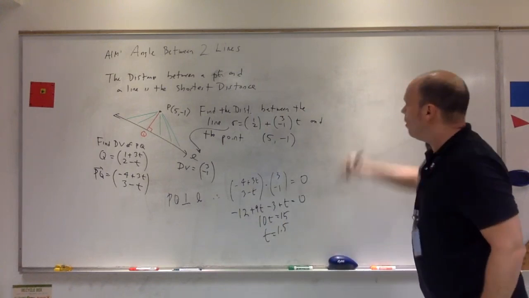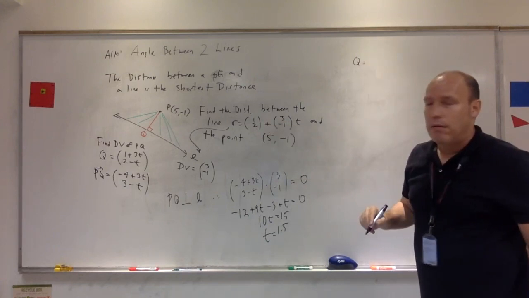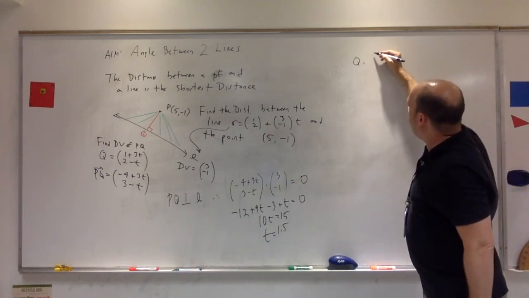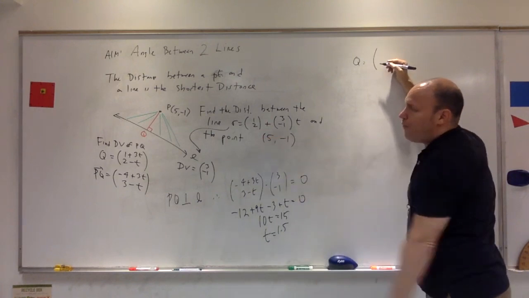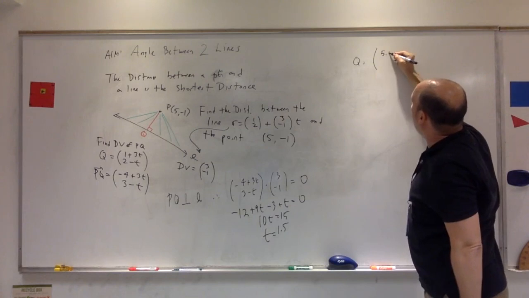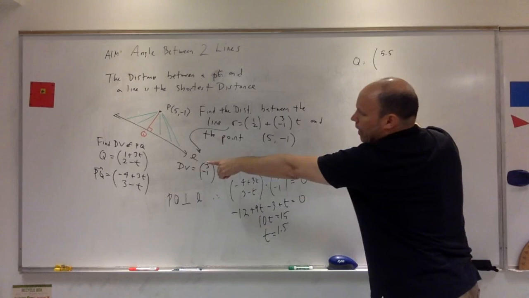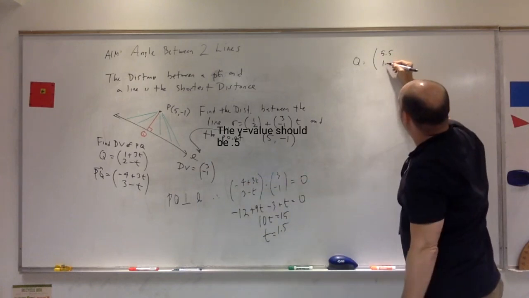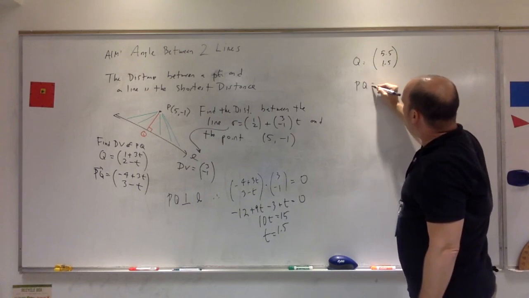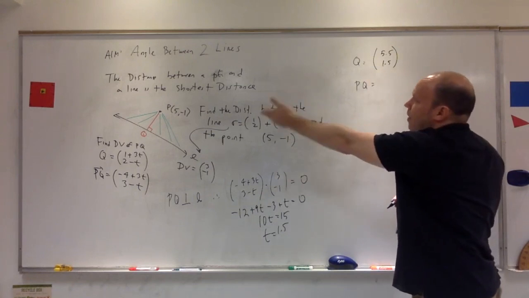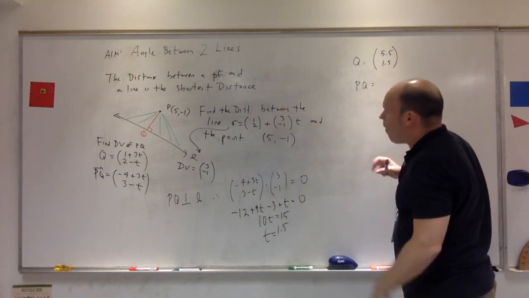So first of all, what is point Q? Where is that point? Well, 1.5 times 3 is 4.5, and 3 minus 1.5 is 1.5. Now, PQ is the distance from the point to Q. But you know what?